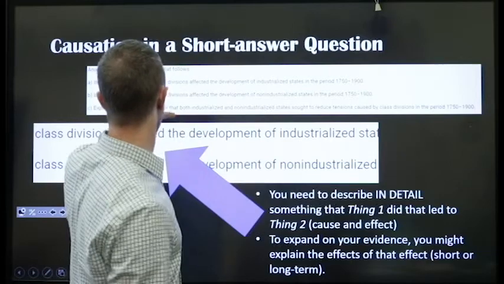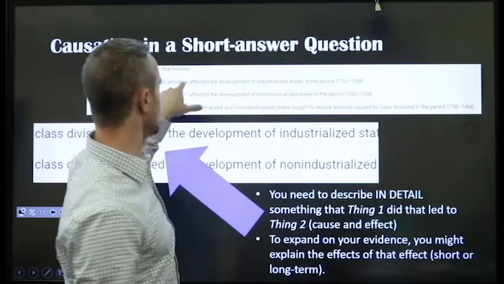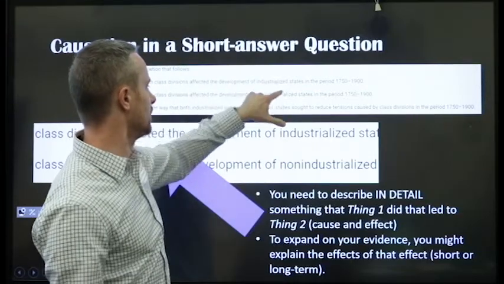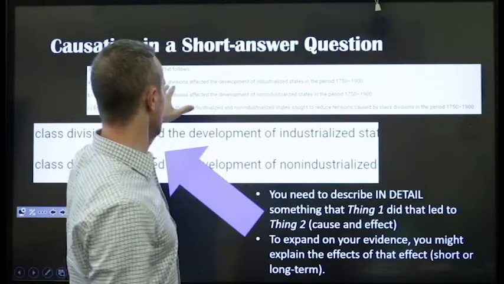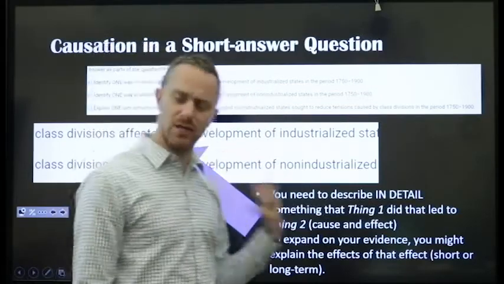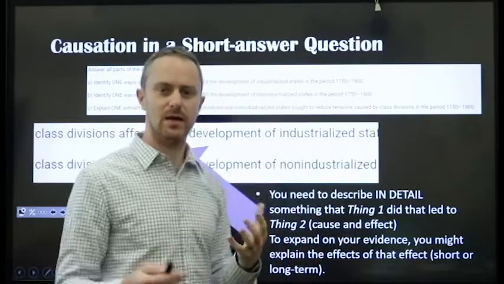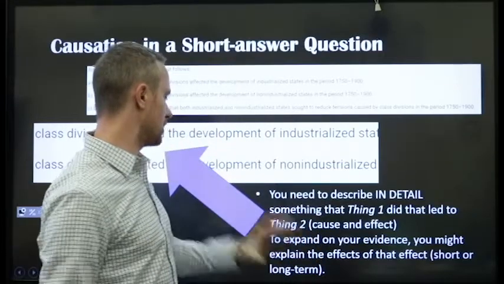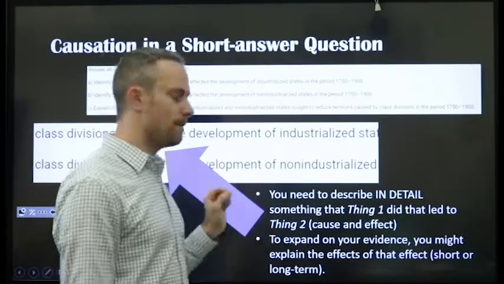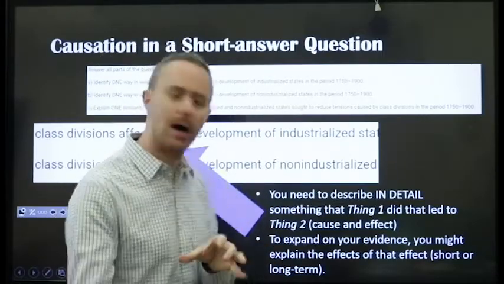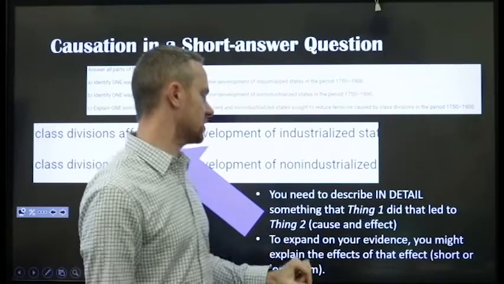So in this case, it says one way in which class divisions affected the development of industrialized states. Okay, so thing one is class divisions. Thing two, the development of industrialized states. If you can get that and get into detail about that, you're going to be in great shape. Now, to expand on your evidence, this is not the only way, you might explain the effects of that effect.